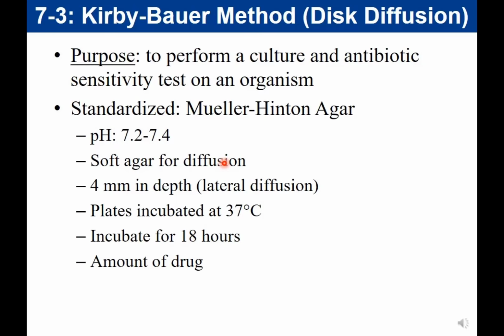So for example, that's the pH of the blood. These drugs are going to be in the blood, and therefore we want to test these antibiotics in the blood, right? We want to mimic the environment that they're in the blood. And so you just want to go through and review for each of these parts. What is the purpose of this being standardized? What does this control for? What does this mimic? And so that's what you want to study from this.